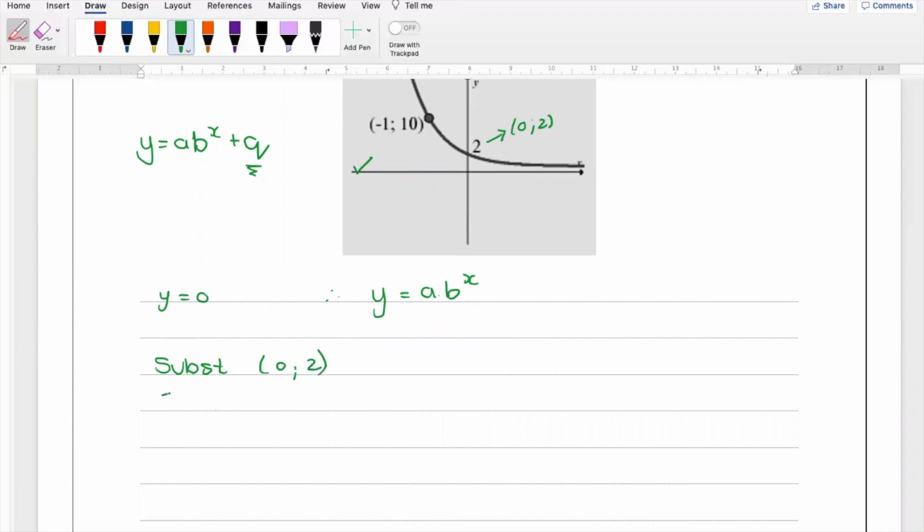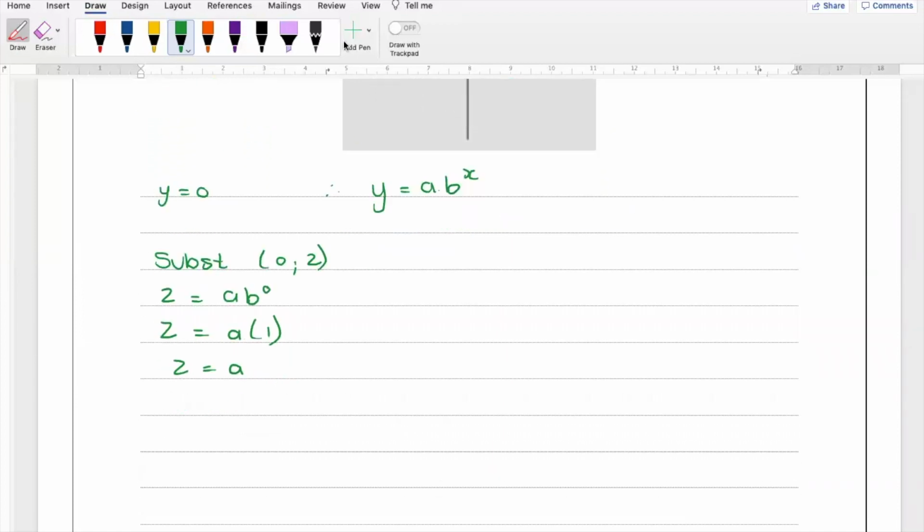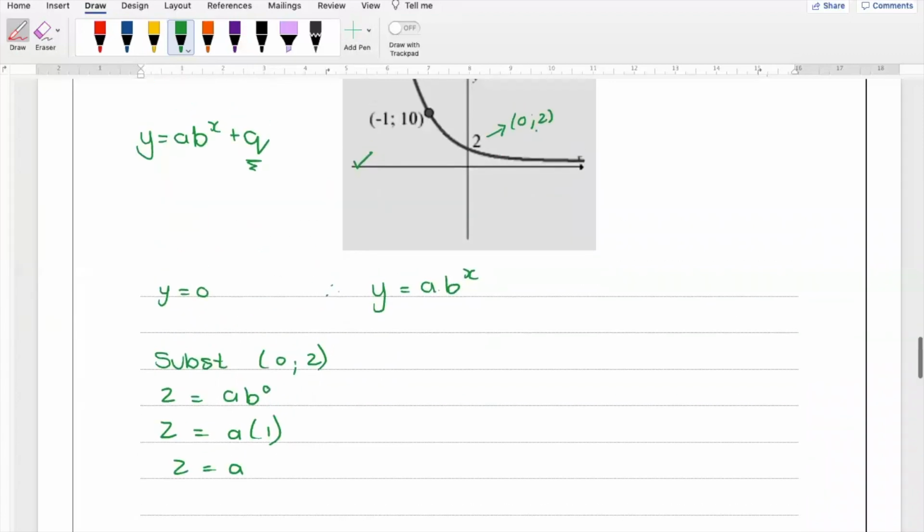Well, we've got 2 is equal to a times b to the power of 0. Okay, so let's simplify. B to the power of 0 is 1, and that must mean that a is equal to 2. And a being positive would mean that we would have something above the asymptote, and we can see that we do. Now we've substituted one piece of information, so we've used that one.